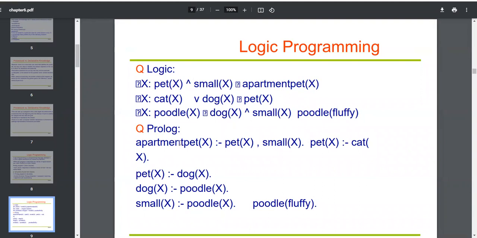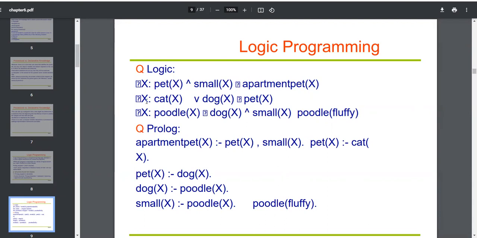Because Prolog works differently. In implication, we show that if this is true and this is true, then this happens. But in a rule, the head is true if the body on the right side is satisfied. So the first line is written as apartment pat x is true if and only if pat x, that is x is a pat, and, comma, x is small also, so small x. Are you getting this? This is the equivalent of the first line.